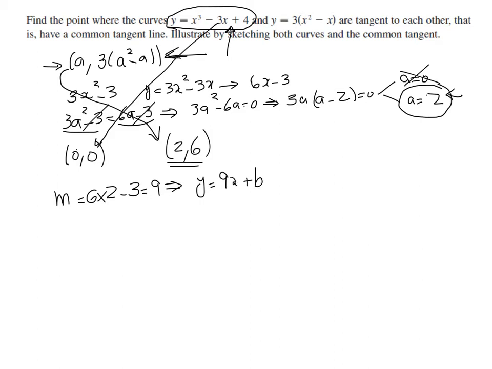But this line has to go through this point. So if I sub it back here, I get 6 is equal to 9 times 2 plus b. So b is equal to 6 minus 18, which is negative 12. So this means that my equation becomes 9x minus 12.